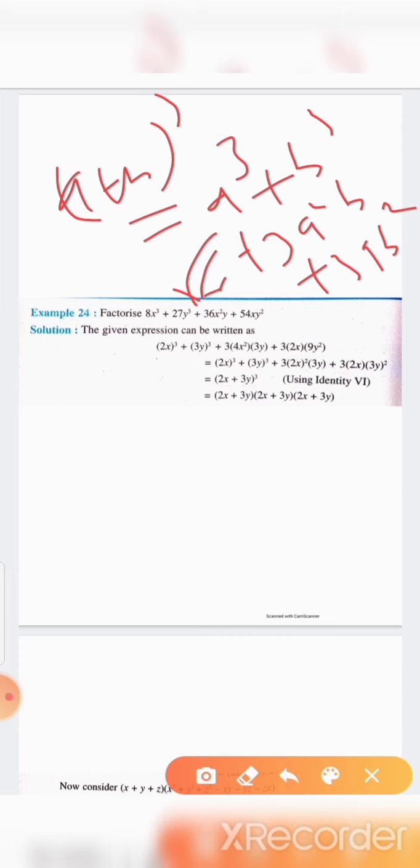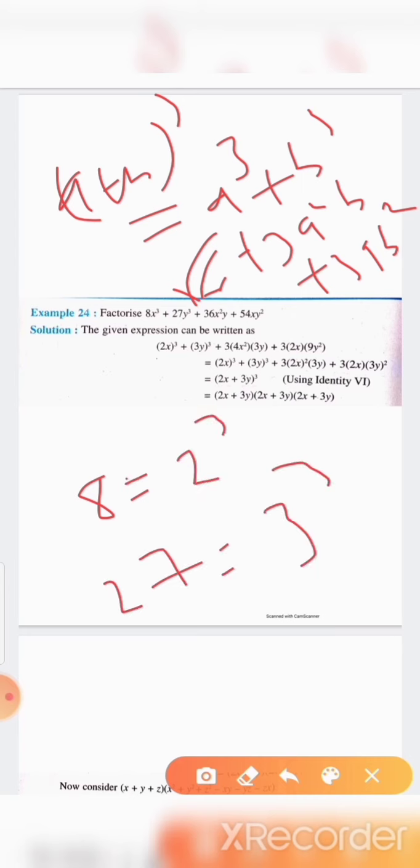We write 8 as the cube of 2, 27 as the cube of 3, and then we multiply the other terms. We write (2x) whole cube plus (3y) cube plus 3 into the first term 2x, and in our identity it is the whole square, so (2x) whole square into y, meaning 3y.